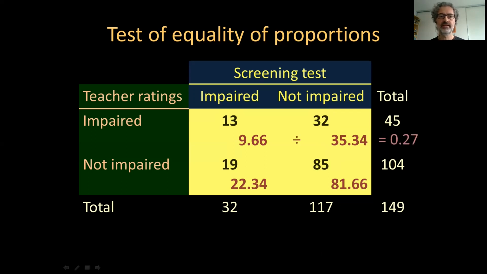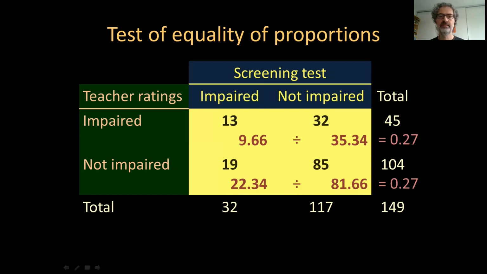If we divide this number by this number, the result is 0.27. If we divide this number by this number, the result is again 0.27. So we have equal proportions between columns in the two rows.